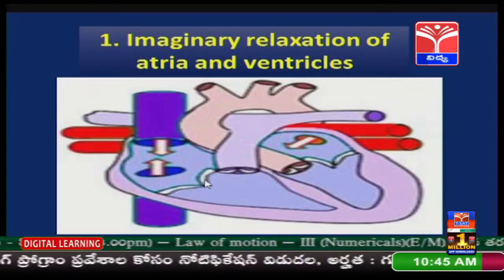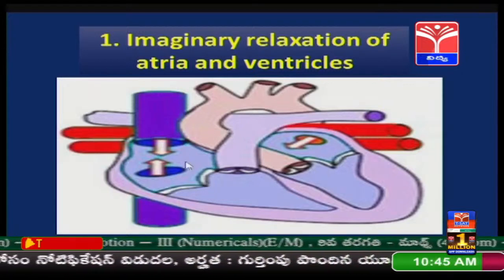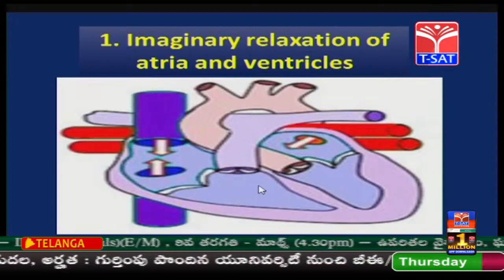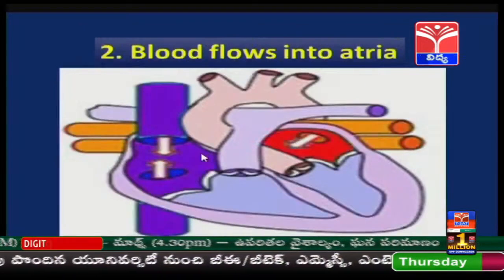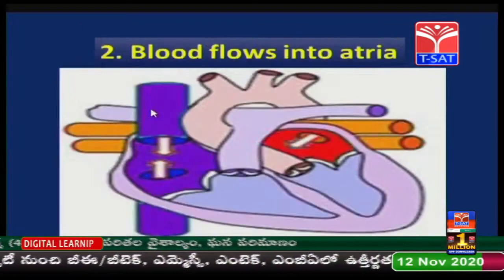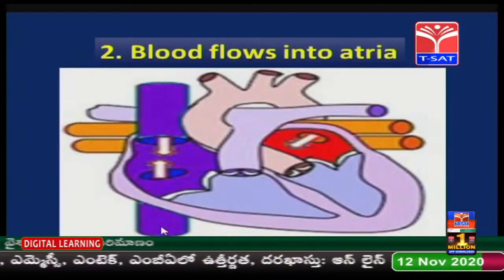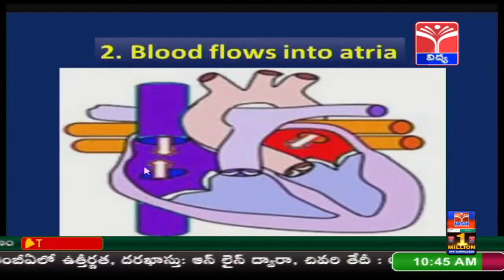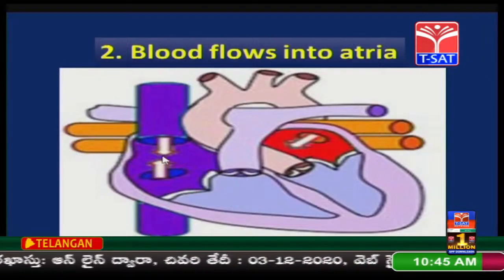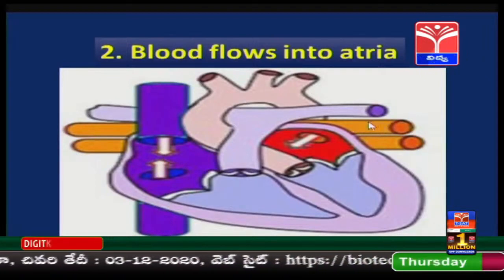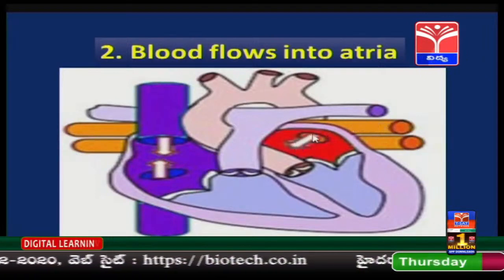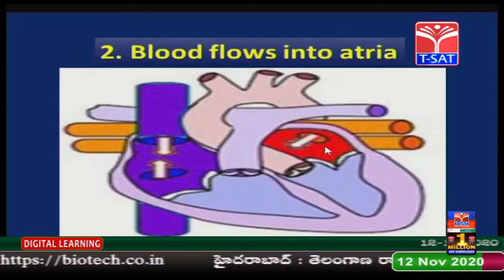So, imagine all the chambers of the heart are in a relaxed state. Now, the blood from the superior vena cava and inferior vena cava flows into the right atrium. From the pulmonary veins, the blood flows into the left atrium.